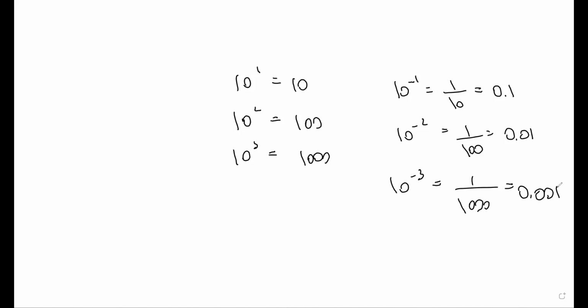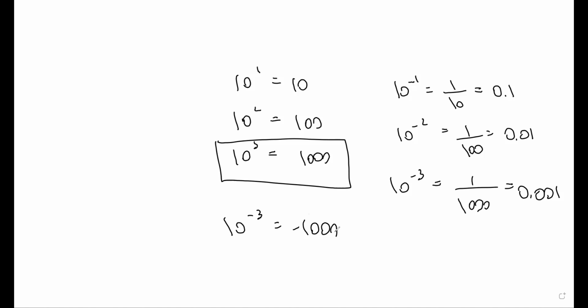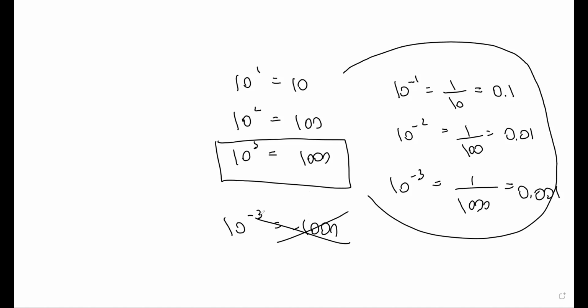A lot of people, for some reason, will think that if 10 to the 3 is 1,000, then 10 to the minus 3 must be minus 1,000. And no, that's not how it works. It works this way right here. So yeah, I guess that's it for that.